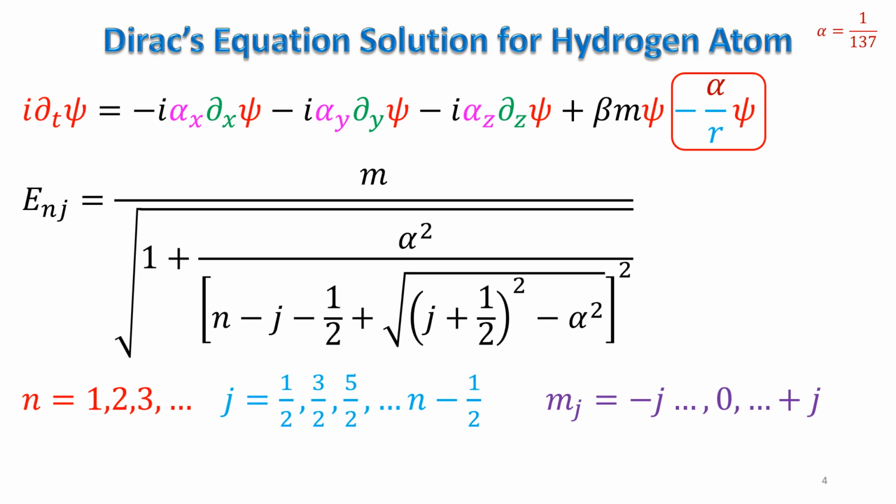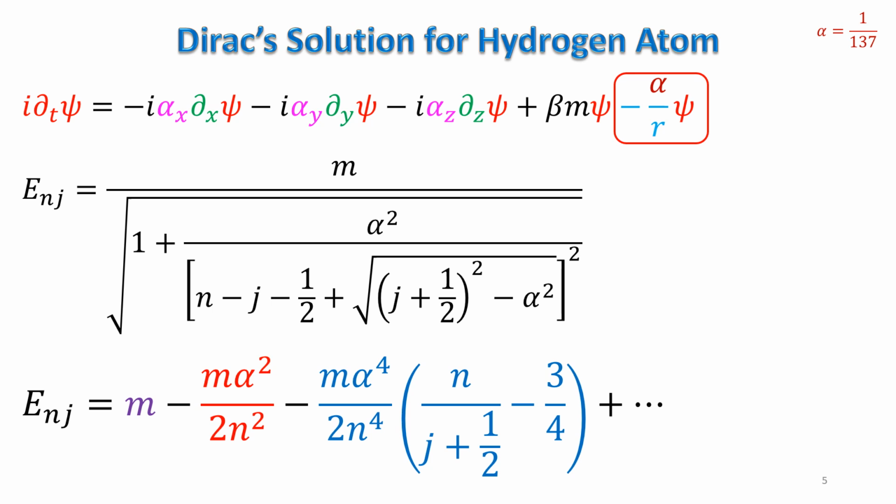Before we look at the Dirac equation's predictions for the hydrogen atom, recall that it had long been known that the hydrogen spectrum has a so-called fine structure. Schrodinger's equation predicts the same energy levels for orbitals of types s, p, d, corresponding to the same value n.